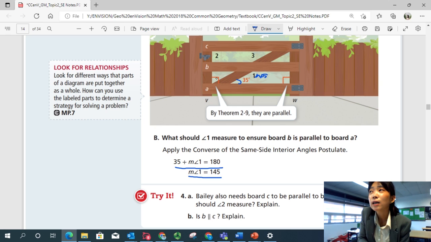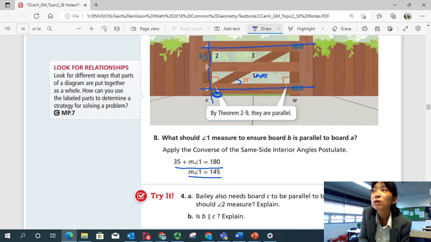We have a 90-degree angle on this angle, right? Angle 2 is corresponding to which angle? If this is a vertical transversal and these two, we want them to be parallel, right? Then that's a transversal. Angle 2 is corresponding to this angle, right?